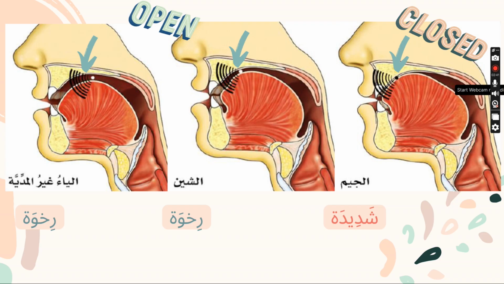So both parts, the middle part of the tongue and the upper palate, meet and totally close when the Jim is pronounced. This is why the Jim is a hard letter. It's one of the strong letters, huruf shadida, right?